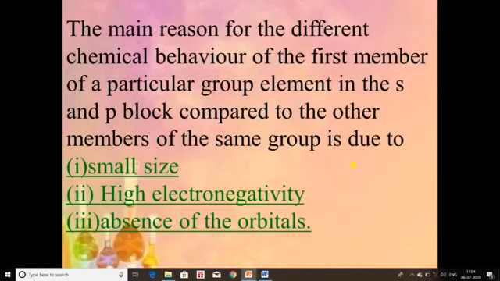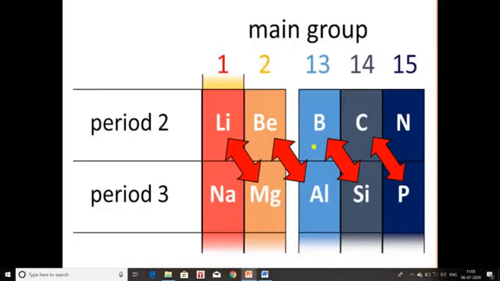Now the main reason for the different chemical behavior of the first member of a particular group element in the s and p block compared to the other members of the same group is due to... So here lithium is different from the other elements of its group. Now what is the reason behind it, that why lithium shows different properties from the other group elements?